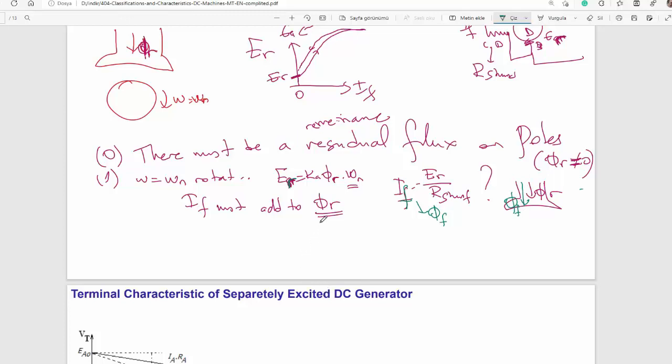What I mean, for example, if you rotate the system in reverse direction, electromotive force will be negative, field current will be negative, so the field produced by the field current will reduce the total field. Total field will be reduced due to reversing field current.